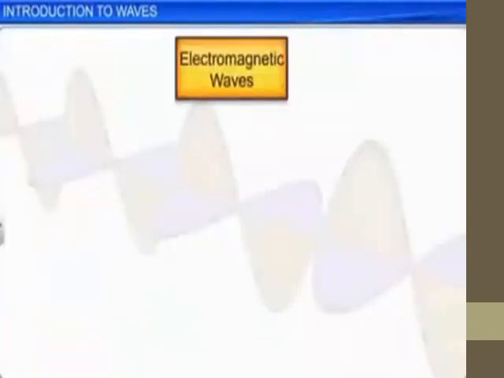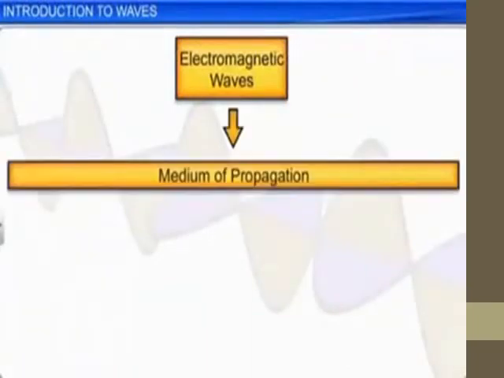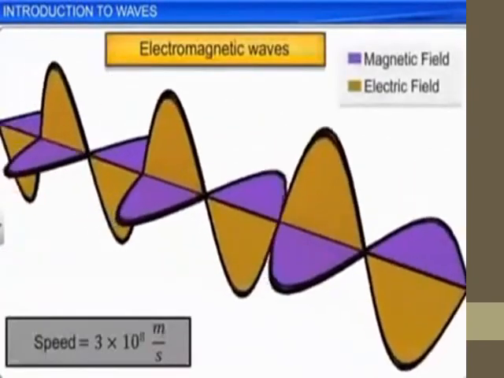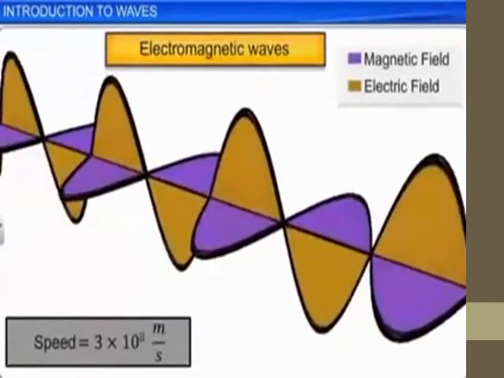On the other hand, we have electromagnetic waves. Electromagnetic waves are waves which do not need a medium to propagate, where they propagate through vacuum. They propagate through solids, liquids, gases, and vacuum.